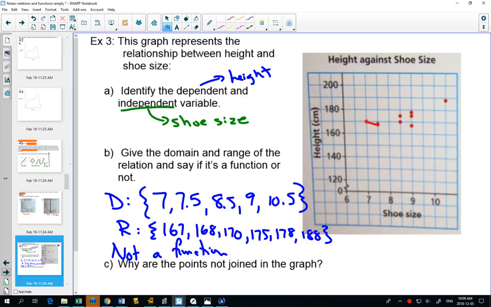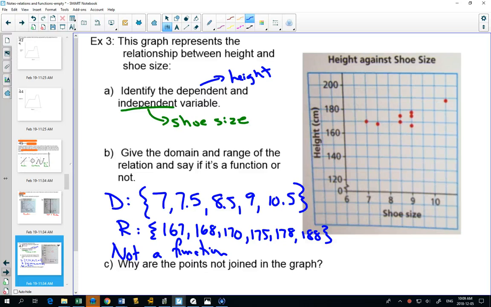Probably estimation. Okay. Yeah. Well, the line, if we connected them, it would mean that there would exist shoe sizes in between 7 and 7.5. And there's only dots here because you can't have shoe sizes in between. Your foot, though, if you measure your foot, it's not like your foot grows in half sizes.